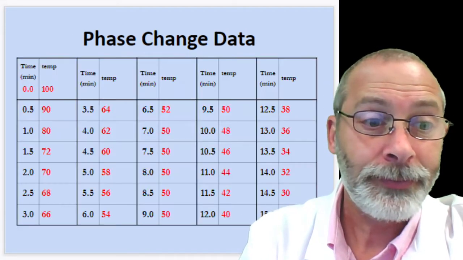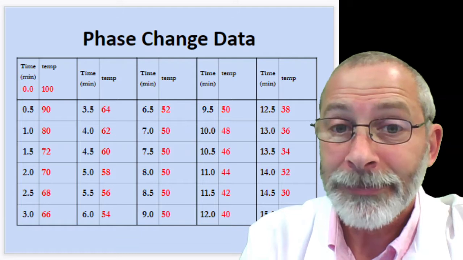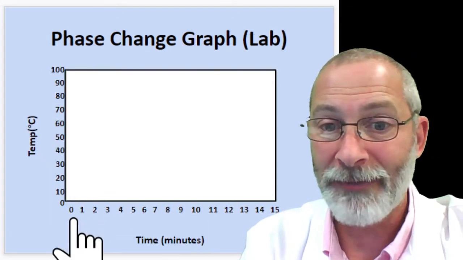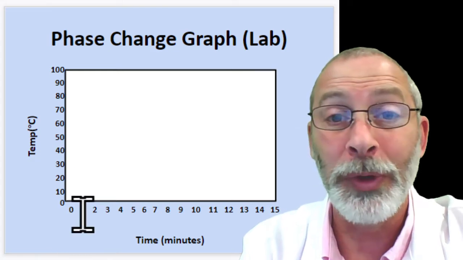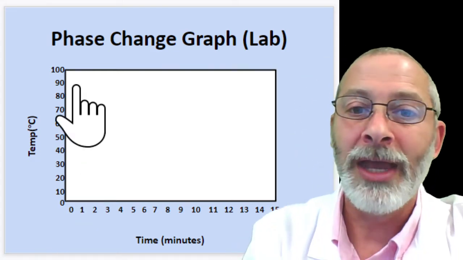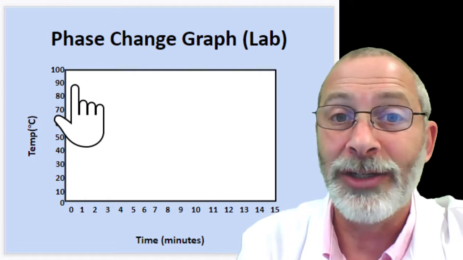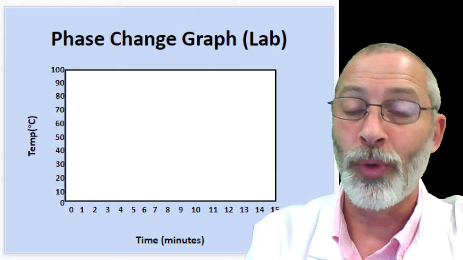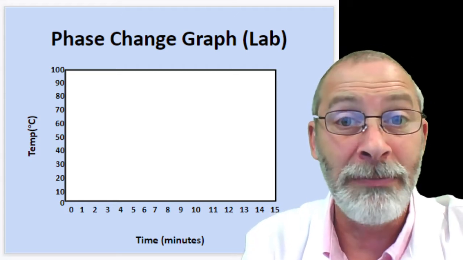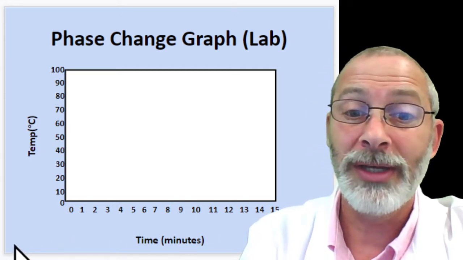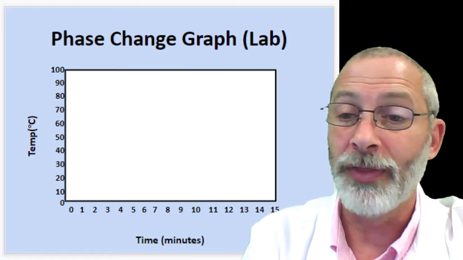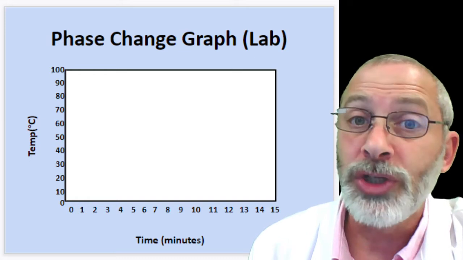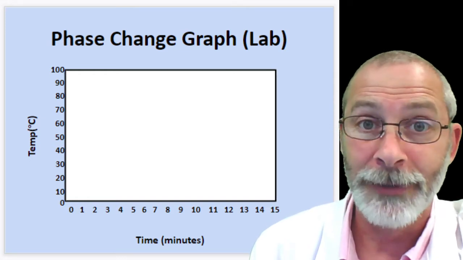At half a minute, the temperature was 90 degrees. So back to your graph, halfway between 0 and 1 would be a half a minute, and you'll plot a dot at 90 degrees. You're going to plot all of your data points until you get through 15 minutes in order to see what type of graph you come up with. So again, I'd like you to pause this video until your graph is completed.